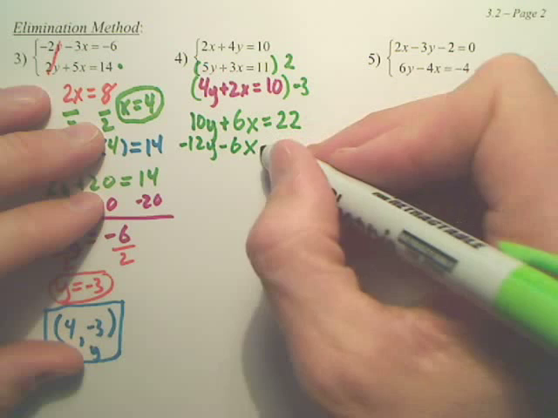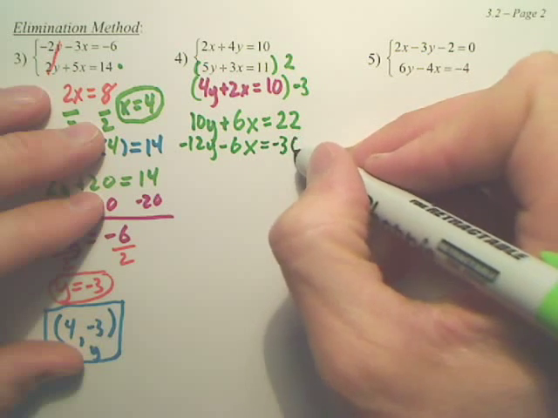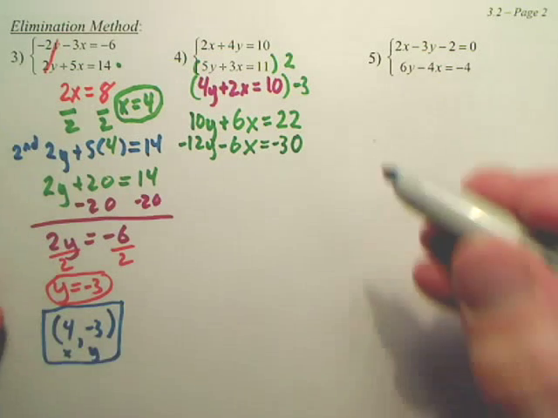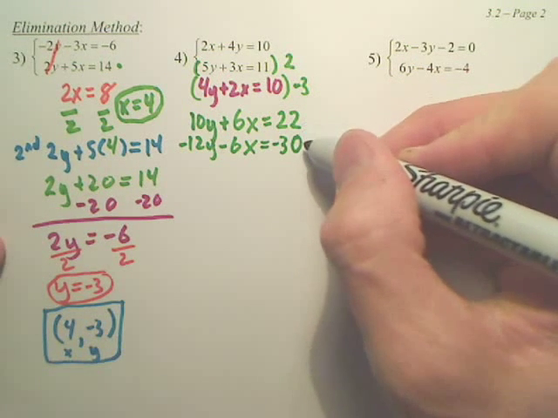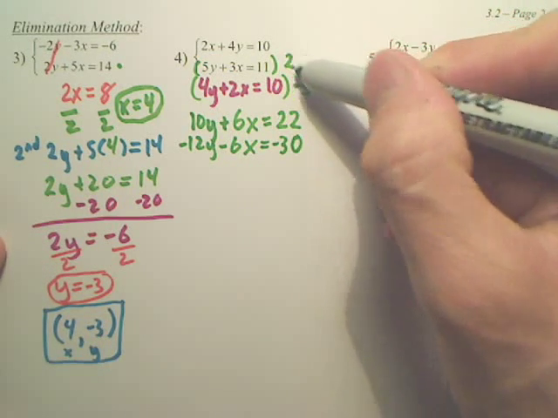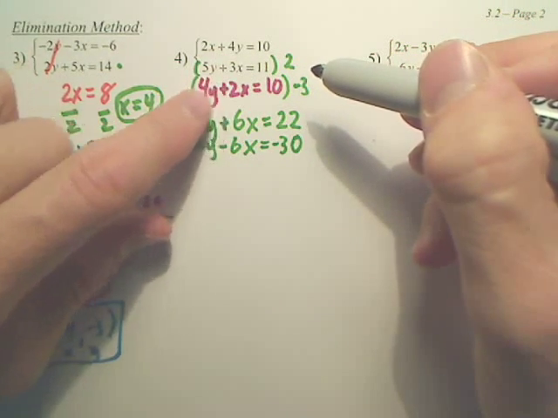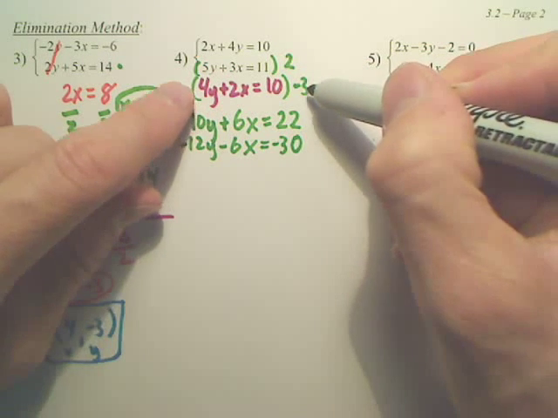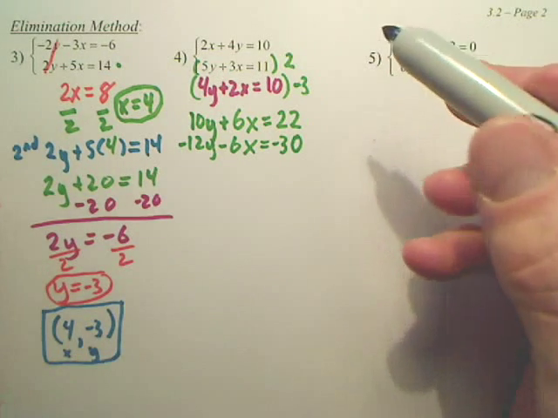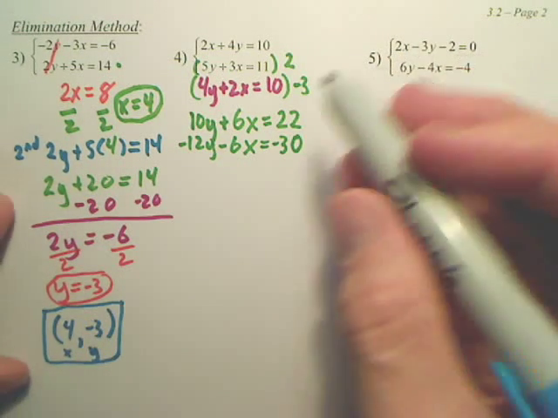And negative 3 times 10, I get negative 30. These are now my two equations. Again, I rewrote the first one, and then I multiplied the opposites of these. Now, could I have done 5 on the bottom and 4 on top, and one of them negative? Yeah. But I chose what I thought would be easier.